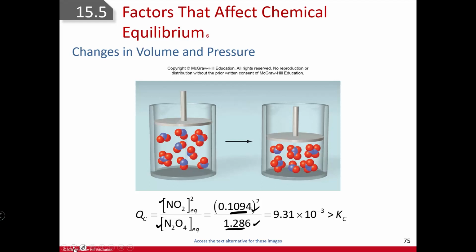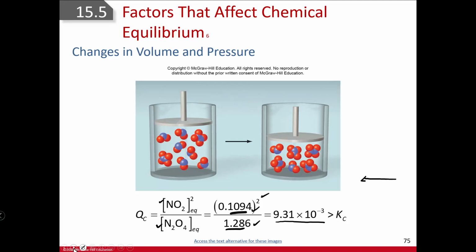That's what you're seeing here. Then we're squaring this term, and then we find out that 9.31 times 10 to the negative third is greater than the equilibrium constant. So the reaction is going to have to shift to the left to get back to the equilibrium constant.